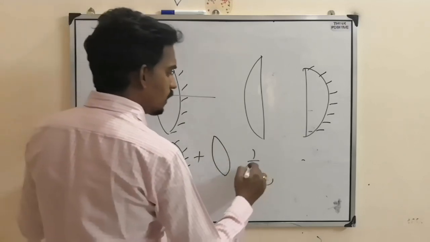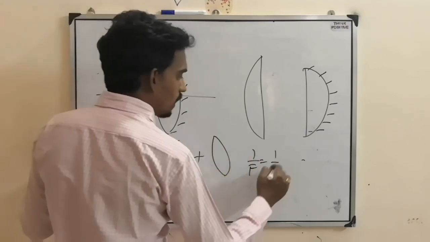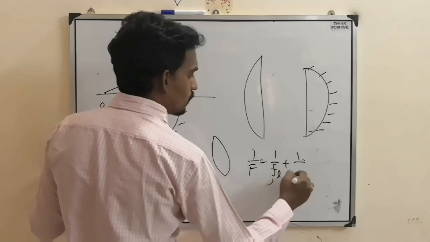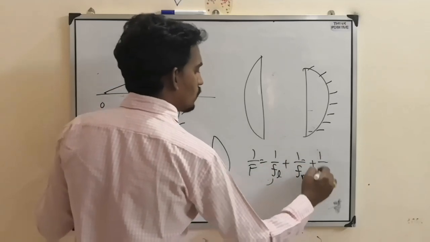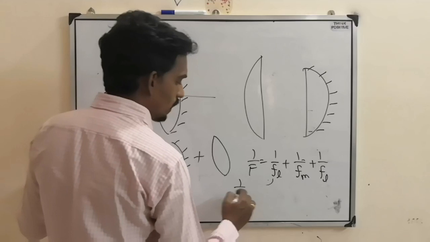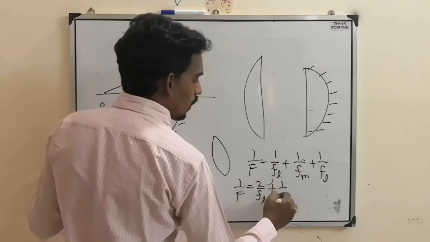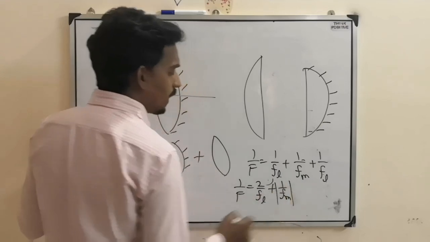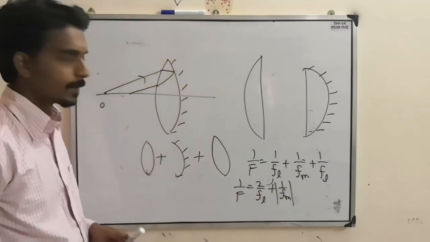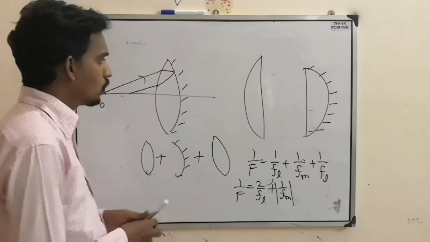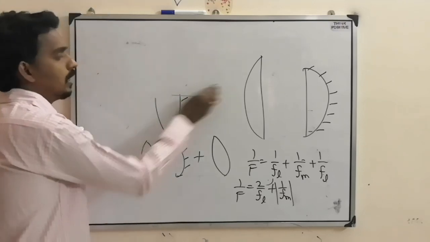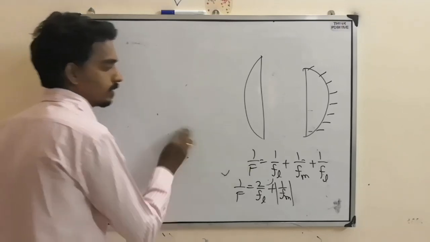So the resultant focal length will be 1 by focal length of lens plus 1 by focal length of mirror plus 1 by focal length of lens. So 1 by f equals 2 by fl plus 1 by fm, but you have to take magnitude only. So this way they can ask you the resultant focal length of a silvered lens.